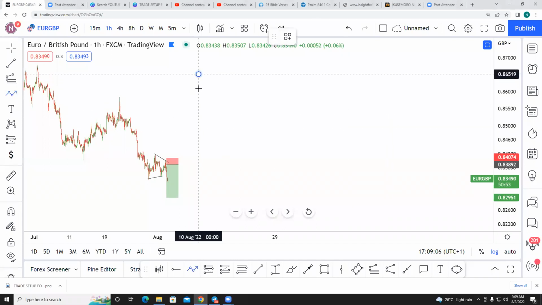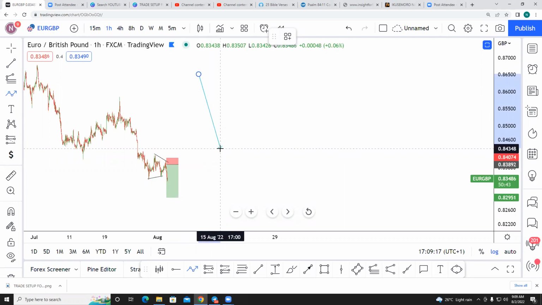All right, so of course, for every impulse, you are going to see a correction. There are different types of correction that you are going to encounter while you trade. Flat corrective structure can be a regular flat, an expanding flat, a contracting flat, and a running flat.